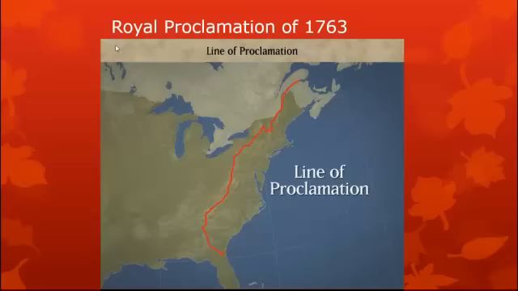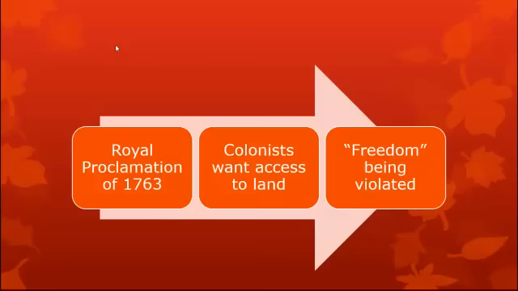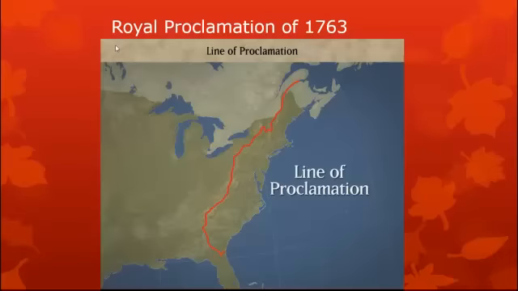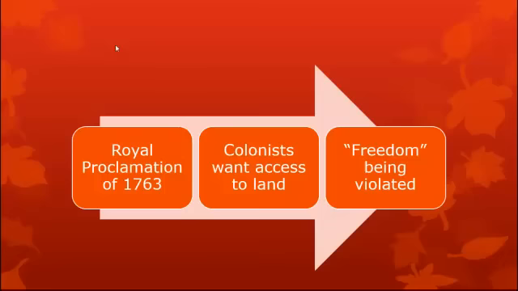That line said that no American settler could go west of it. The idea is that they're trying to prevent wars with the Native Americans. But the colonists wanted access to that land, and so they began to believe that their freedom for expansion and freedom to live where they wanted in the New World was being violated.